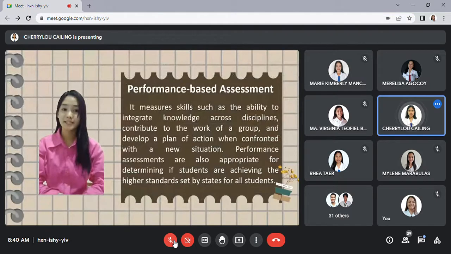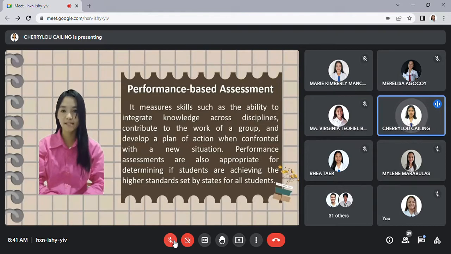So before we tackle process-oriented assessment, we will introduce you first to what performance-based assessment is. Performance-based assessment measures skills such as the ability to integrate knowledge across disciplines, contribute to the work of a group, and develop a plan of action when confronted with a new situation.